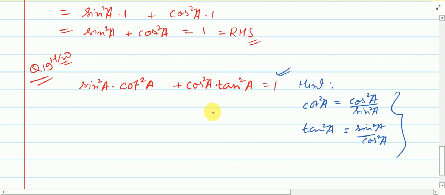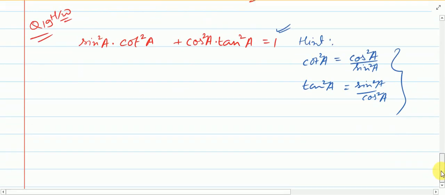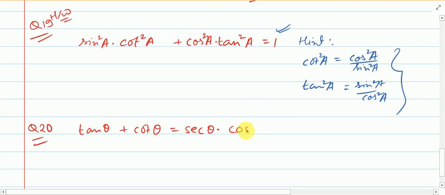Now let us see question 20. So here question 20 is tan theta plus cot theta is equal to sec theta into cosec theta.